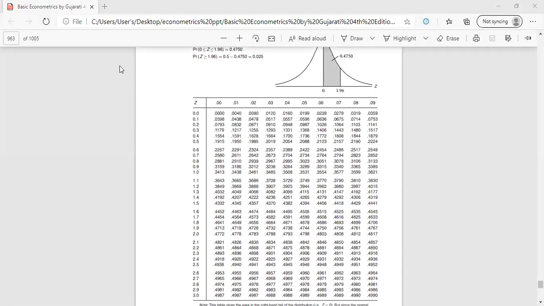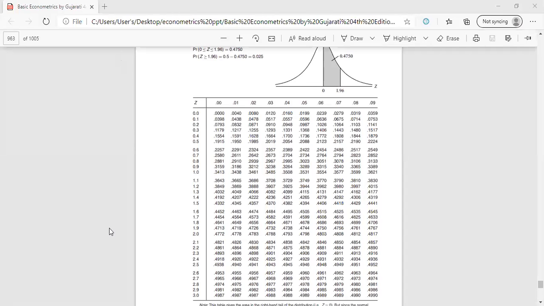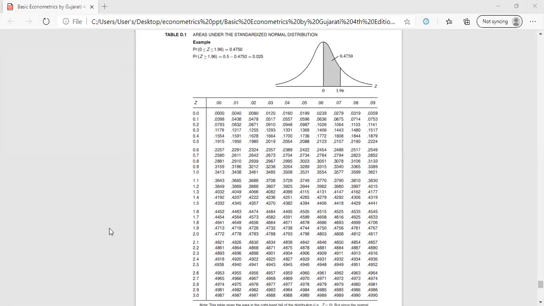I'm giving you 10 minutes to do these two problems. Looking at the table, find the values.